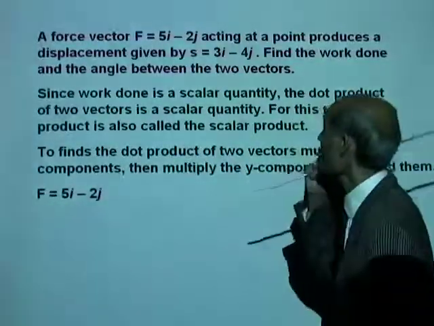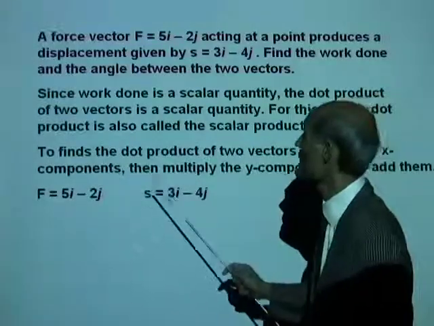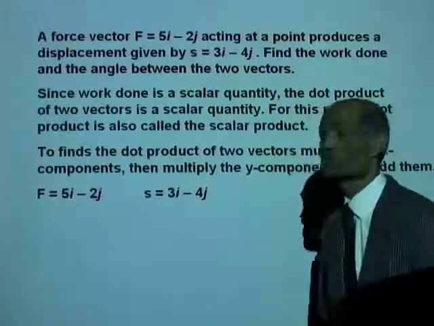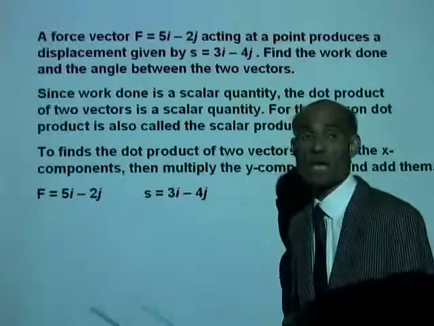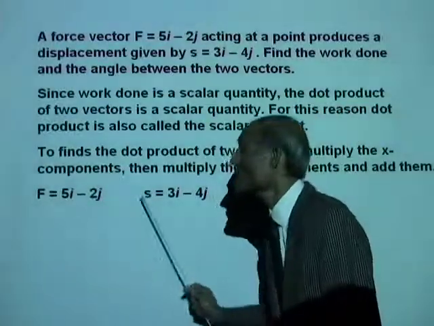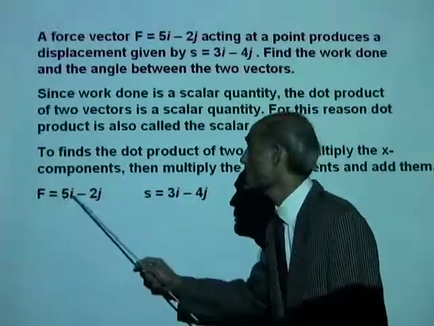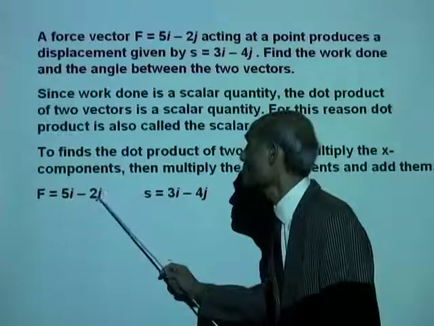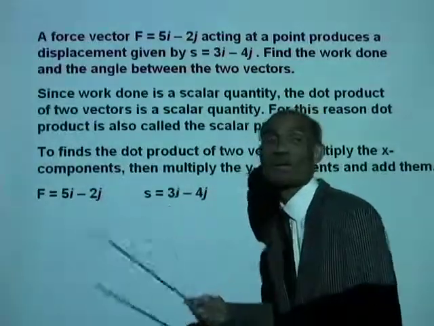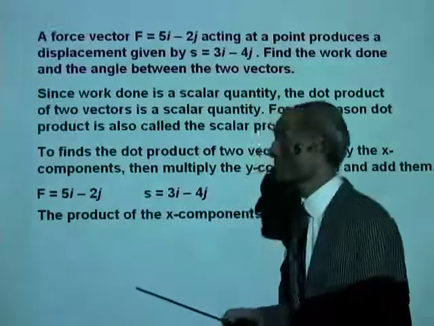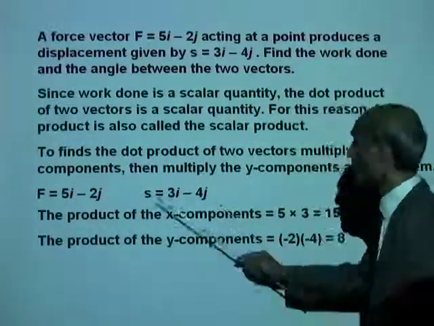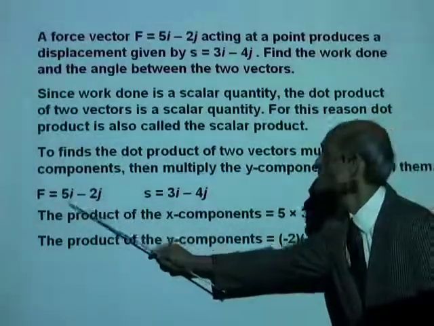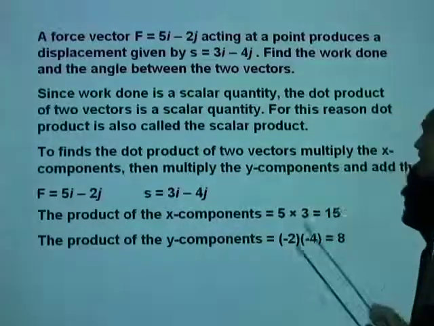F equal to 5i minus 2j and S equal to 3i minus 4j. What is F dot S equal to? Multiply the x components, multiply the y components, and add them together. The product of the x components is 5 times 3, 15.